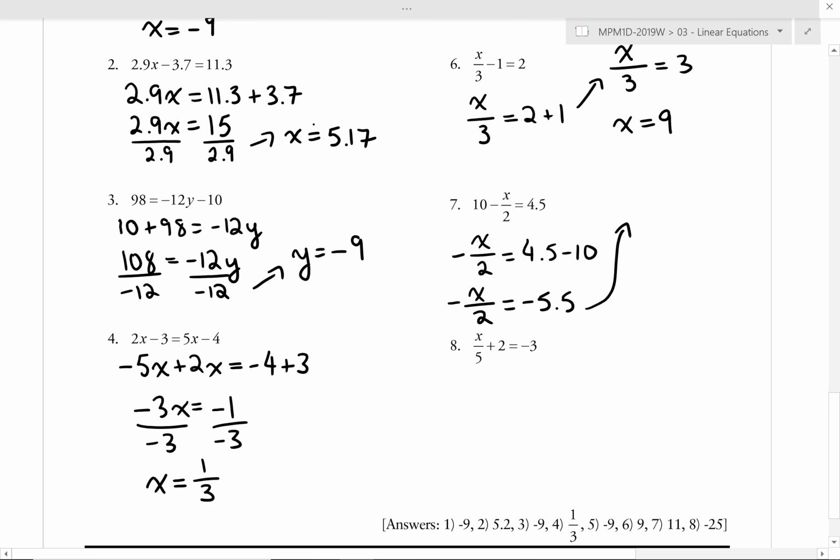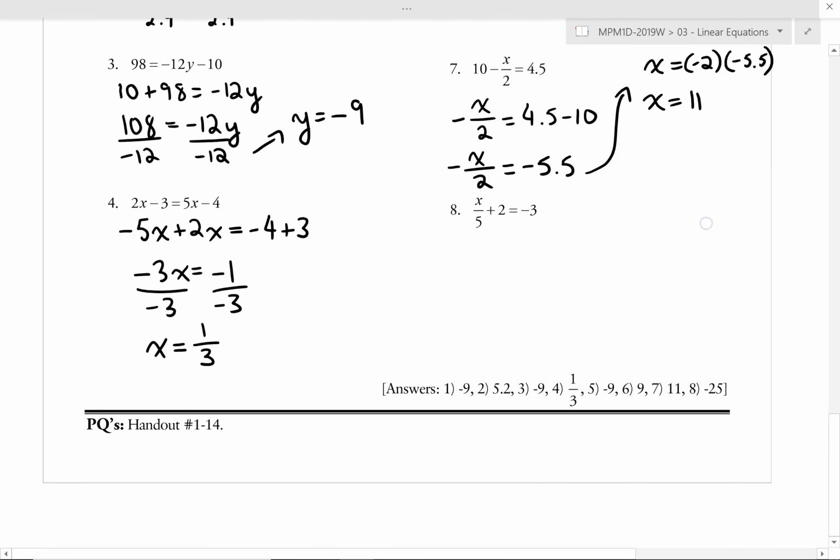And multiplying both sides by minus 2 gives us x equals minus 2 times negative 5.5. And so therefore x is equal to 11.